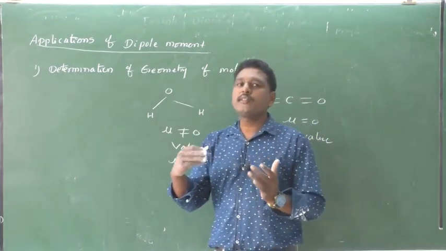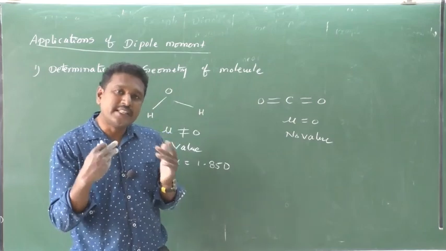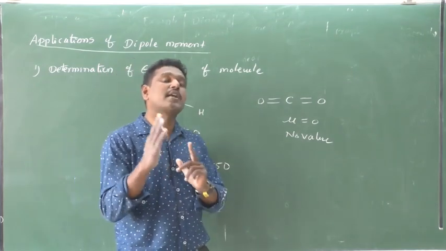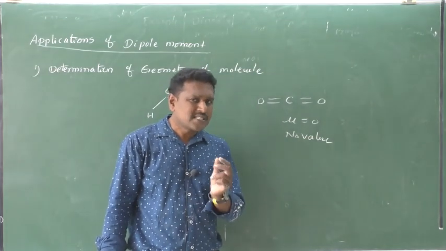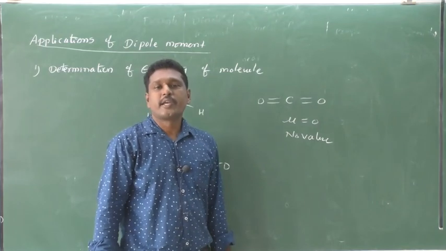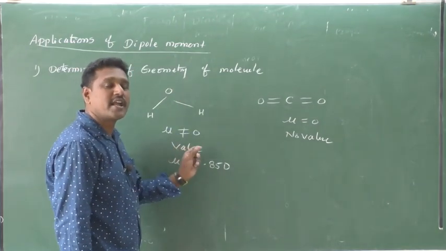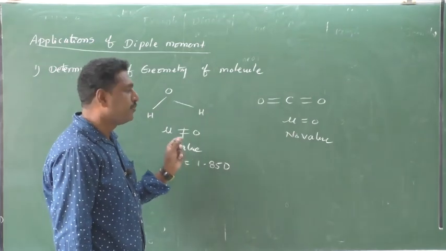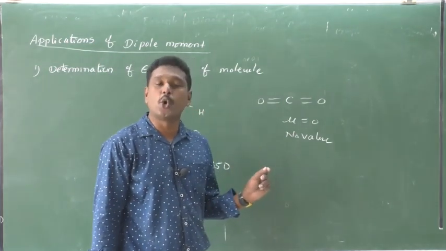So by knowing the value, if dipole moment value is there, that means that is not a linear molecule. That is the simple way to identify it. CO2 molecule doesn't have any dipole moment because its dipole moment value is 0.